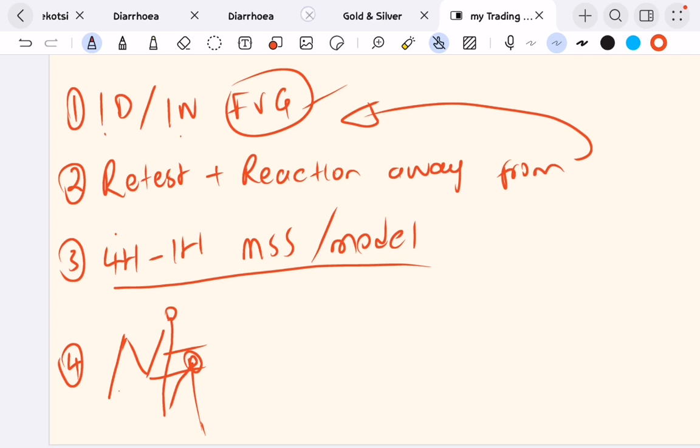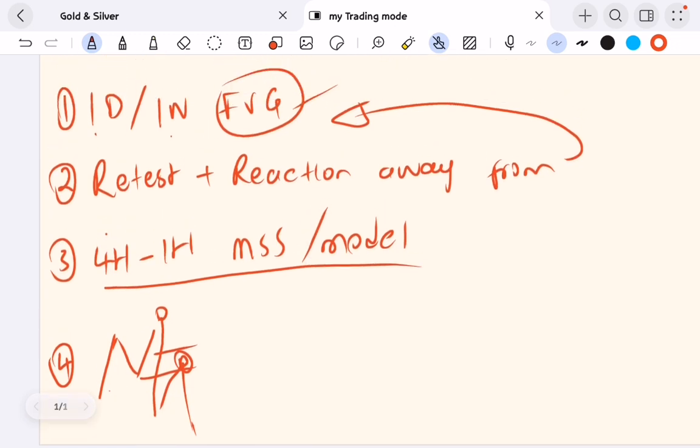I target the low of this model. I know it doesn't make sense, but it will make sense in a few.